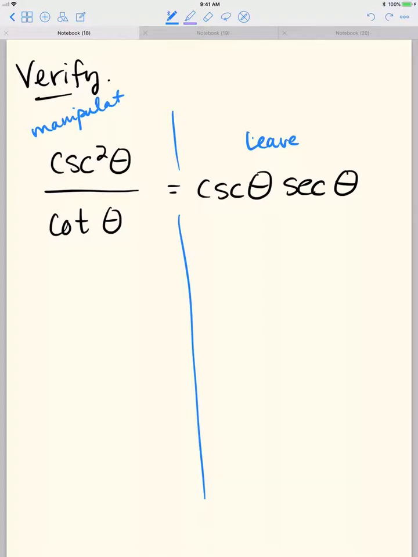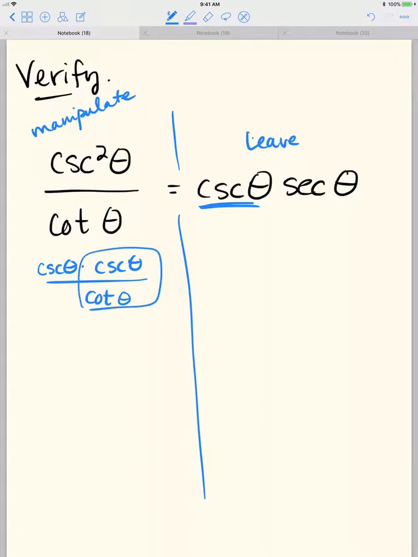So like the previous example, or one that we've seen, I'm going to break apart the fact that there are 2 cosecants and I have a cosecant on my right side. I'm going to split cosecant squared into cosecant times cosecant over cotangent, and I'm just going to put cotangent with one of them. So I'll have cosecant theta, so I'm halfway there, times cosecant over cotangent. And then that's what I need to clean up.